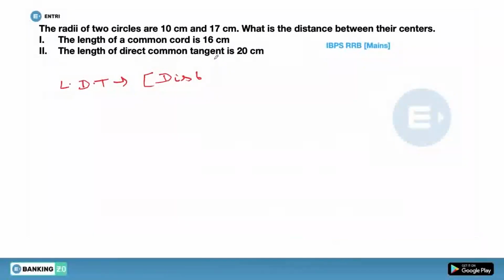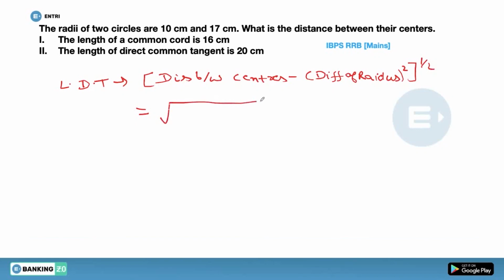It is the square root of the distance between centers squared, minus the difference of the radii, squared.